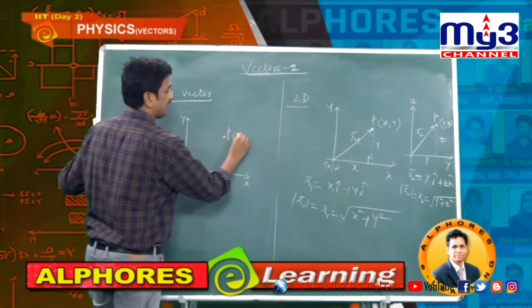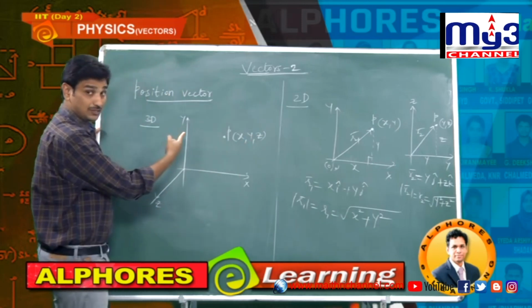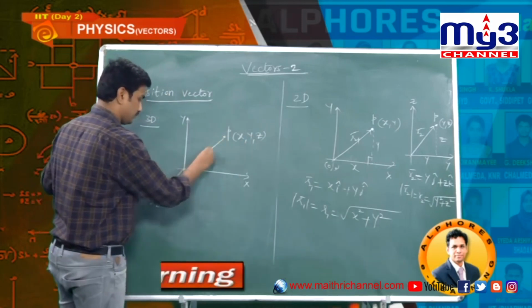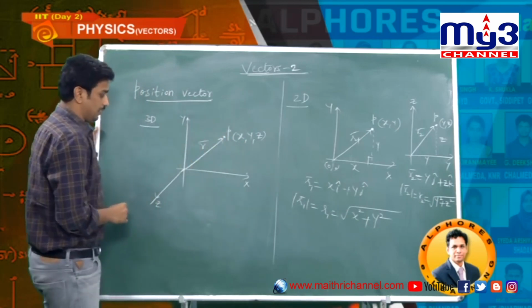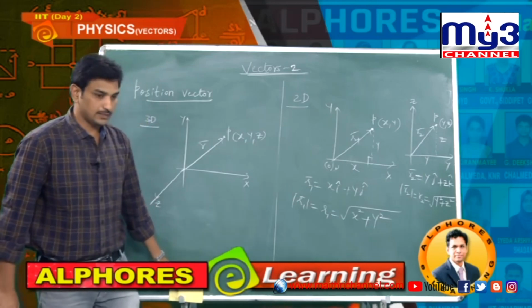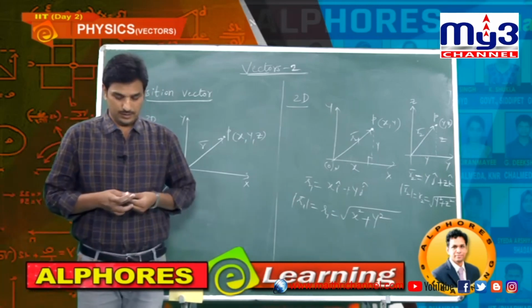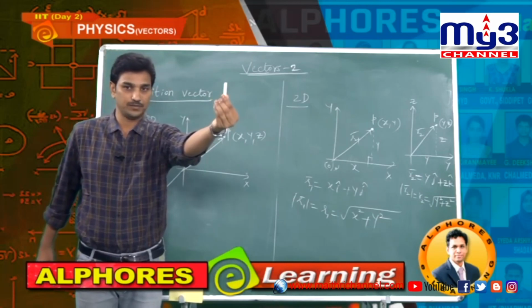Particle x comma y comma z. Yesterday we discussed this point also. R bar. See, what's the meaning of position vector of this point here? Suppose this is the chalk piece. Somewhere it is in air, space.